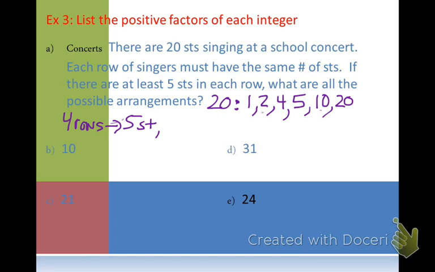I can have 2 rows of 10 students, or I can have 1 row of 20 students. And that's how you would do that. You would have 3 possible answers.